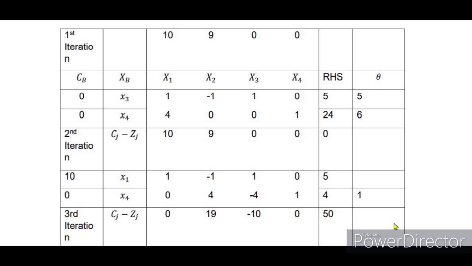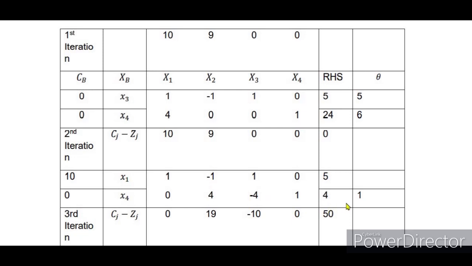Now, for the third iteration, we will choose the highest positive value of Cj minus Zj of the second iteration, which is 19. So it lies in the column of x sub 2. And we will compute the theta. So 5 divided by negative 1. Remember, if we have a negative denominator, we will not evaluate it because it is infeasible.